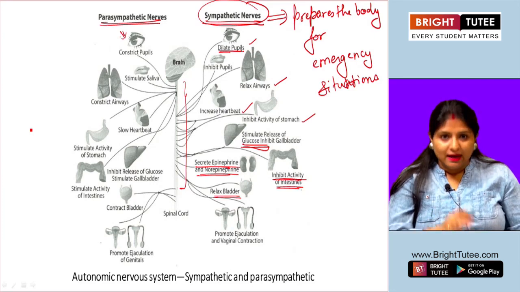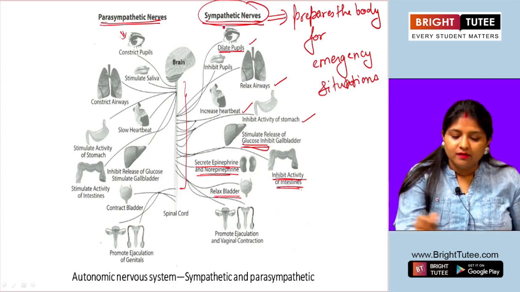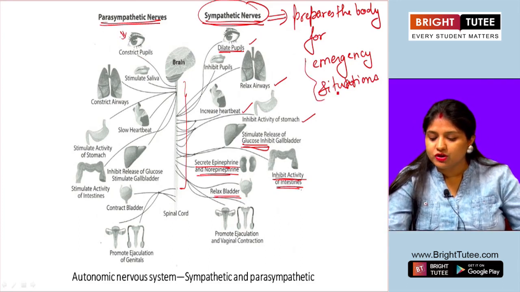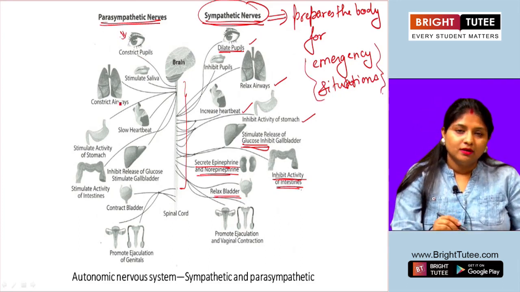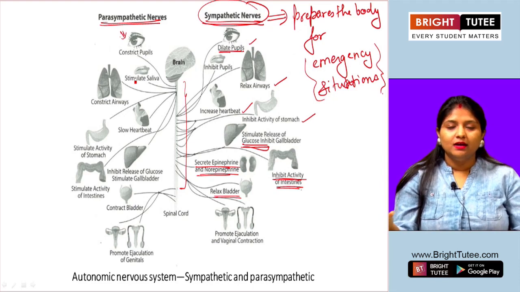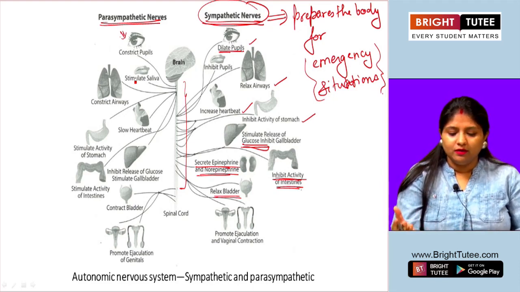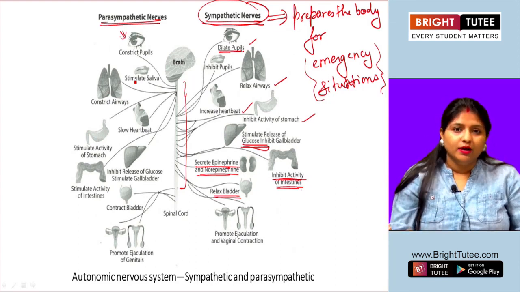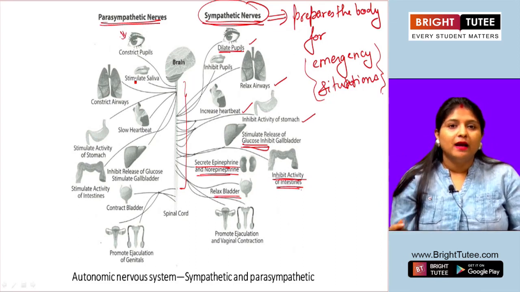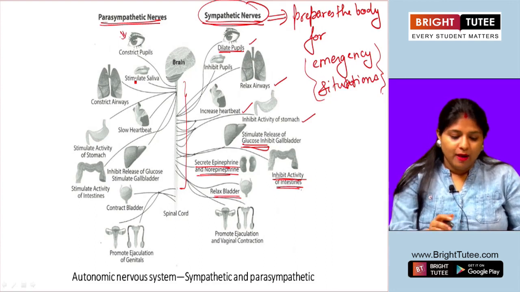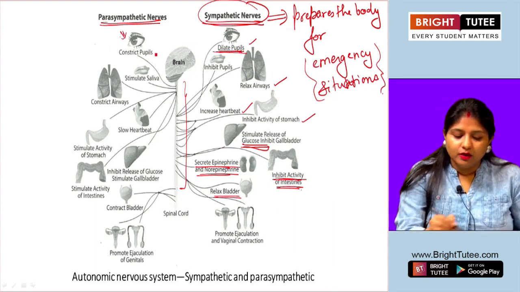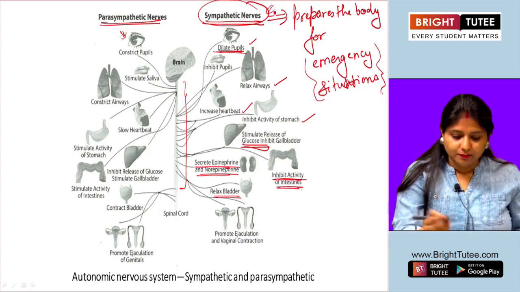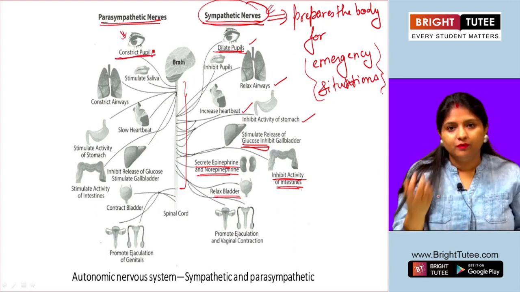It should be relaxed. So after that, the parasympathetic nervous system takes over. Once the emergency situation is dealt with, the parasympathetic nerves relax the body, and whatever changes were done by the sympathetic nervous system go back. That means the dilation of the pupil which happened during sympathetic activity comes back and the pupil will constrict.